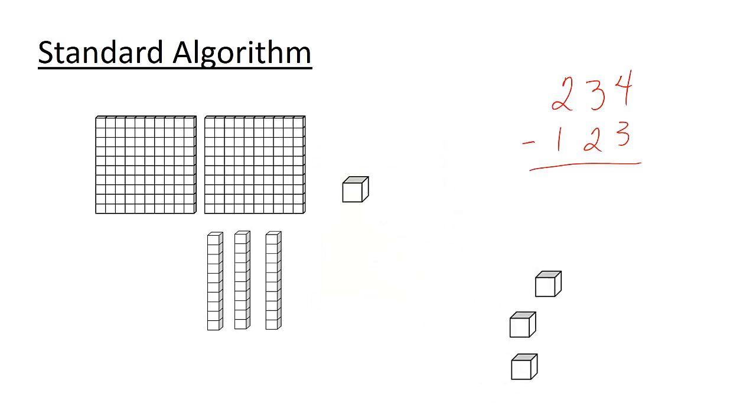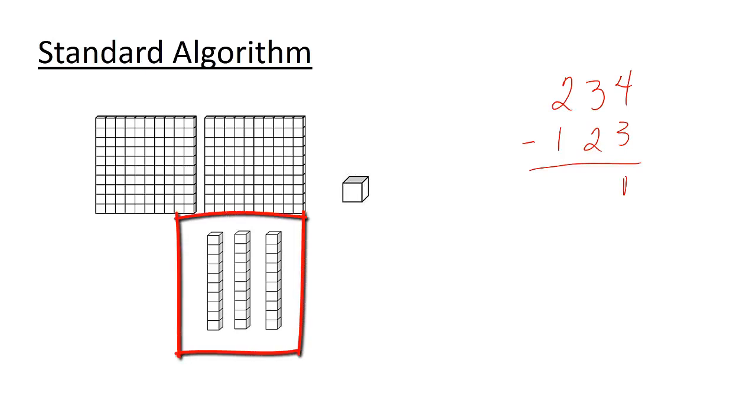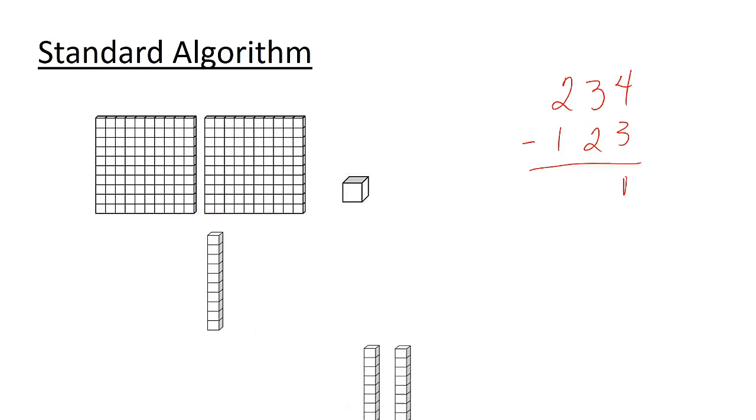Well, we can do that, so let's remove those 3 ones, and we're left over with 1 unit. Then, moving into our tens column, we have 3 tens in our model, and we'd want to take away 2 of them. Well, we can do that. Let's remove 2 tens, and we notice that we have 1 ten left over.